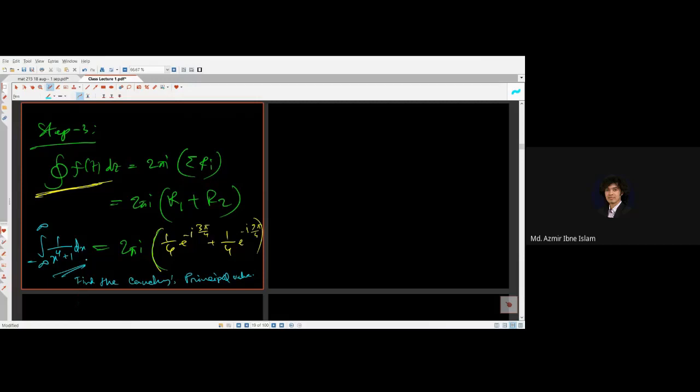Same thing. That means we have to apply Cauchy's residue theorem. Whatever result you have on the right side, that is called the Cauchy's principal value. Is that okay? Because it is a convergent result. So you can think in a simple way: whatever result we have found for the improper integral is called the Cauchy's principal value. Is that okay?